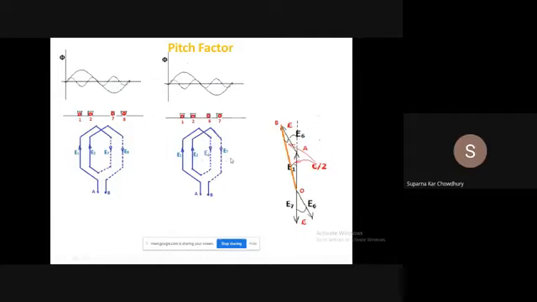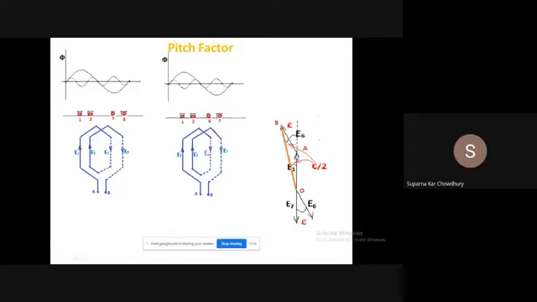Now what is the disadvantage? That 6 is not at the flux peak, it is slightly gamma degree before that. So these two EMFs are still adding, but it is not arithmetic addition because they have an angle between these two. E1 and E6 has an angle. So now the resultant is slightly less than E1 plus E7.